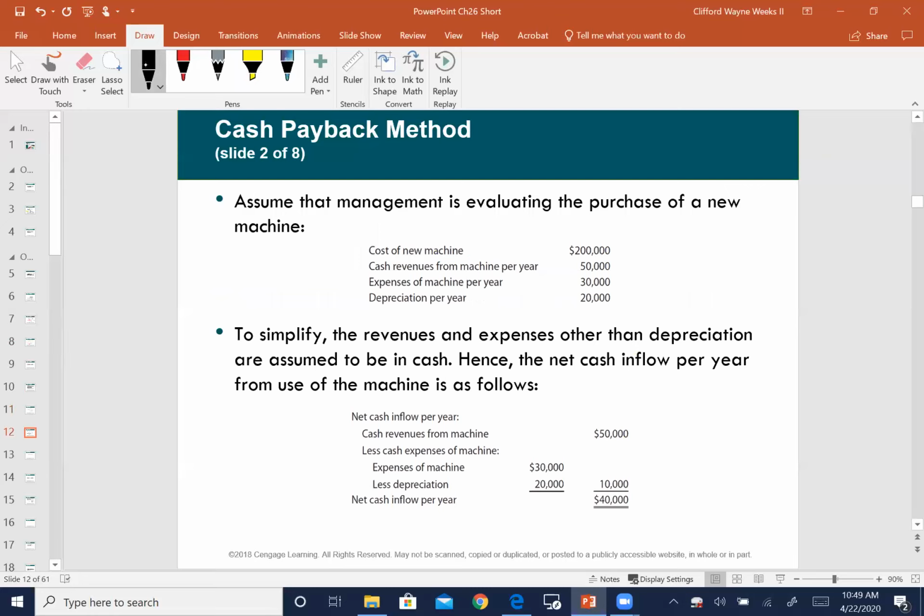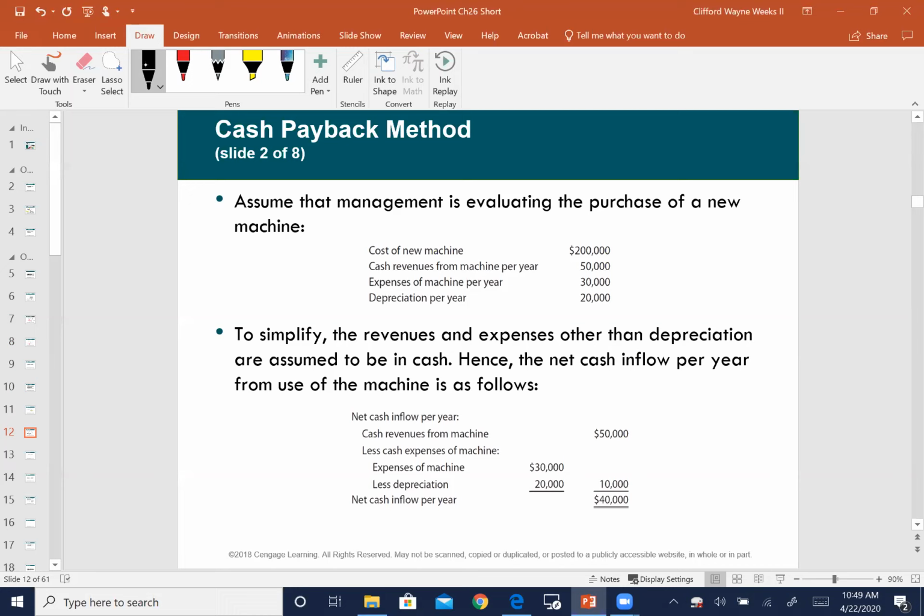And so here we assume that management is evaluating the purchase of a new piece of equipment. The cost of the new machine is $20,000. Cash revenues from the machine are $50,000. Expenses of the machine are $30,000. But the depreciation of that machine is $20,000. So really, we're going to say, hey, this $30,000 is not really all cash.